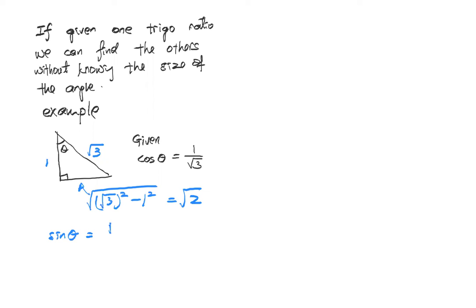Root 2 over root 3. I can know my tangent theta, root 2 over 1. I can know my cotangent theta and so on and so forth. Clear? So this is a very important concept that you must jot down in your notes. Yeah? Okay, any more question?